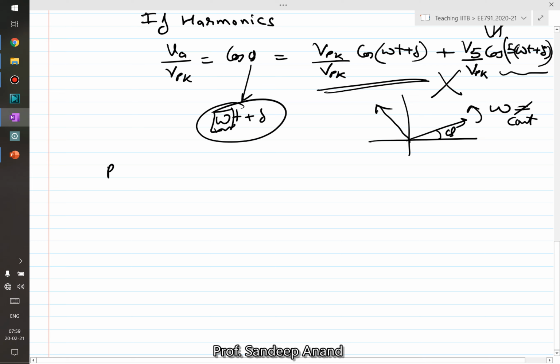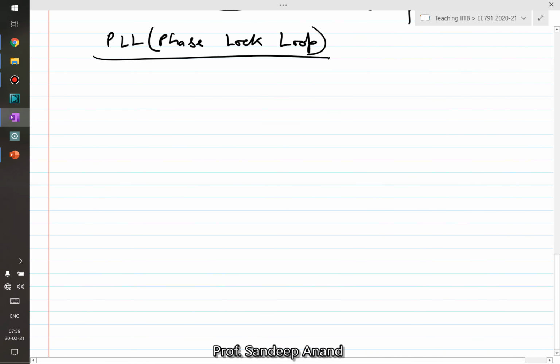So let us see what a phase lock loop is, abbreviated as PLL. One of the simplest methods for extracting the angle theta is as follows. If you remember, what is our aim?